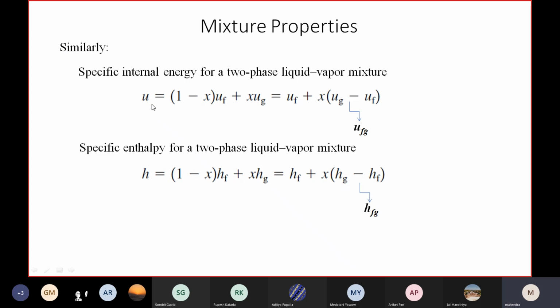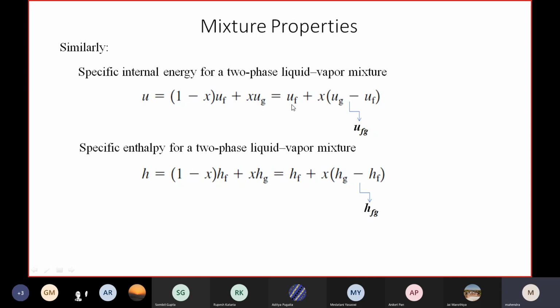As we calculated the mixture specific volume earlier, here we are calculating the mixture internal energy: internal energy of saturated fluid plus dryness fraction times the difference of both.